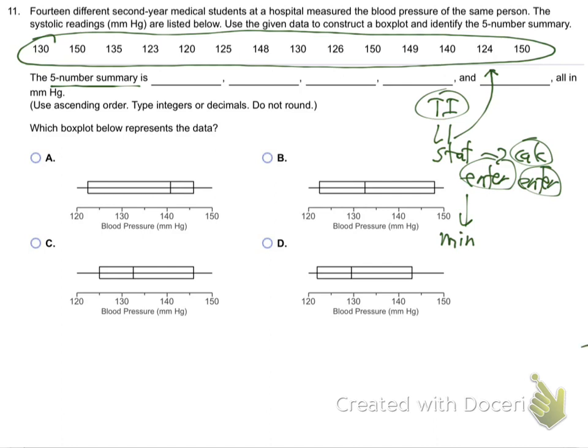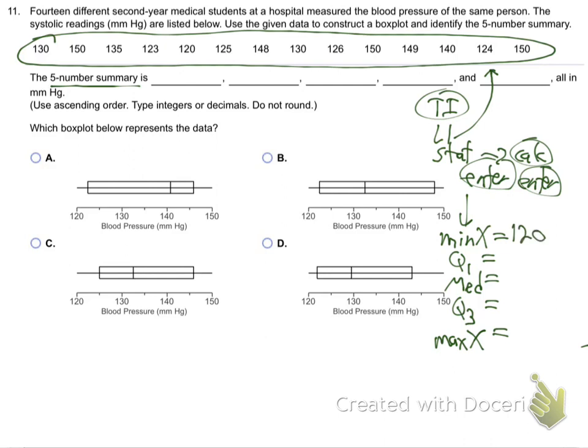It'll say min X, Q1, median, Q3, and max X. And what you'll have is your answers.